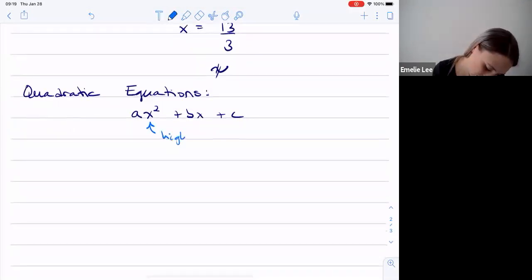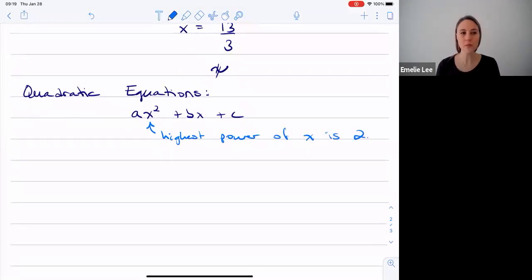The highest power of x is 2. Okay. And then we're allowing for these coefficients. These coefficients can be 1, so then you don't really have a coefficient, or at least not visibly. The only condition is that a cannot be 0.